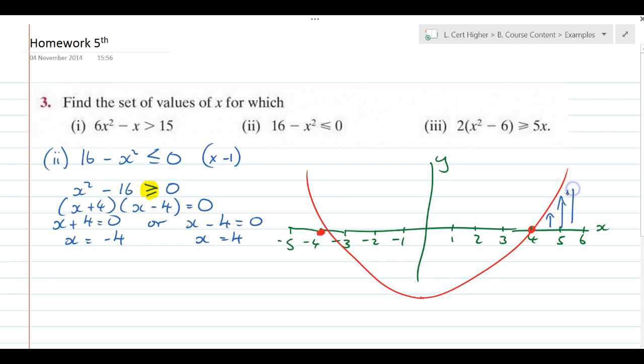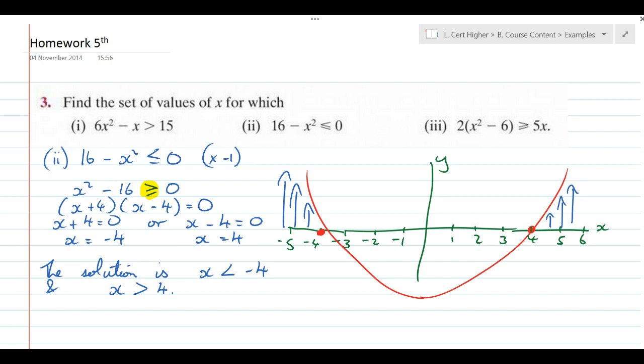These values of x here and so on will give back positive values for y. Therefore, the solution set is x can be less than -4 and x can be greater than 4.